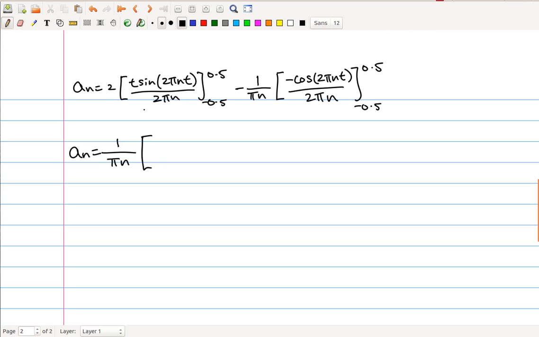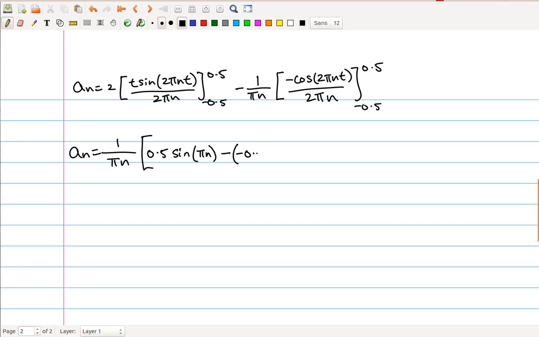So that's going to be 0.5 out here. Sine, substituting 0.5 in for t. So 0.5 times 2 gives me 1. Gives me pi n inside the argument. Okay, next, minus the lower limit. Now, negative 0.5 is now in for t.